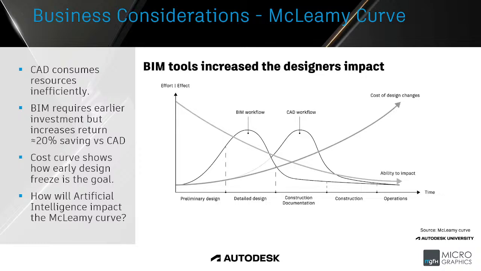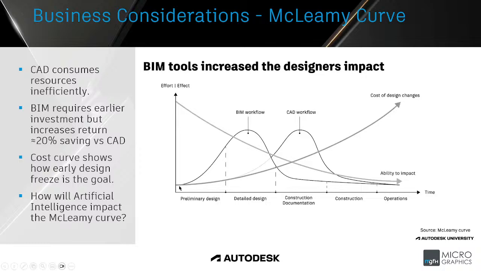So from there onwards, if the client stays out of the process and does not effect a design change, which is costly and has less of an impact on the building, then the production team can get on with the BIM workflow, finish the detailed design, go through the construction documentation and construction phases, and hand off to the client at the operational phase.